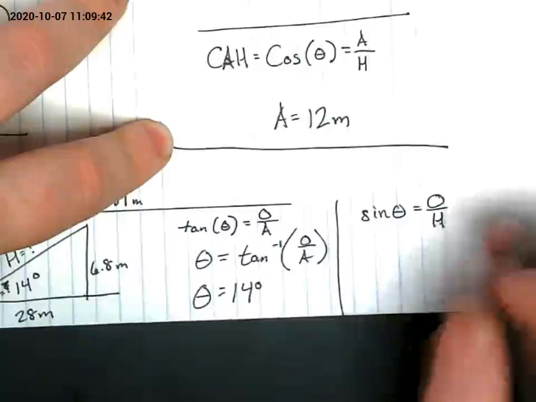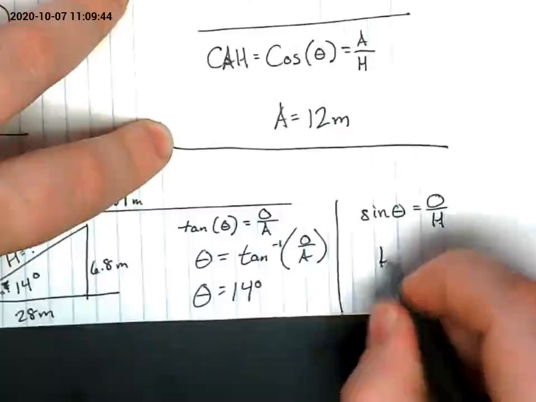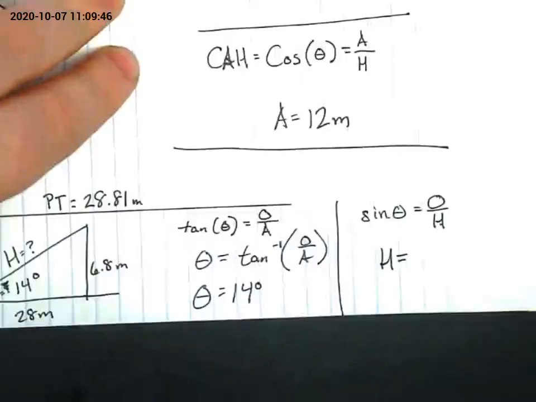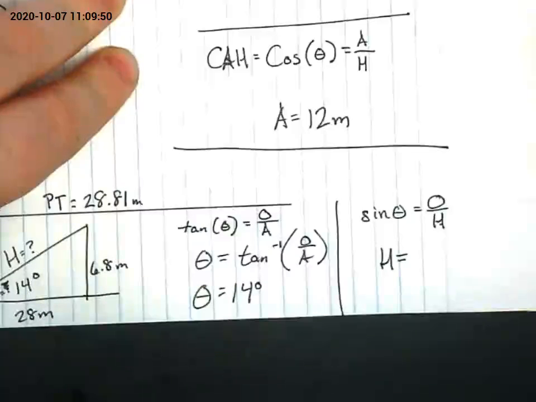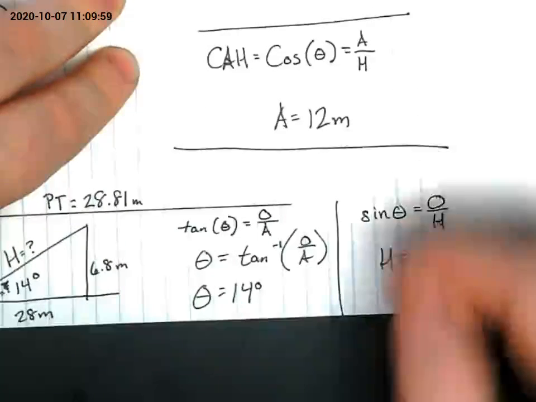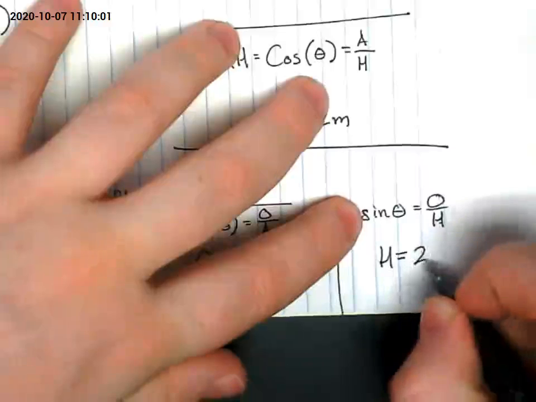And since we're solving for hypotenuse, we just switch them. So our hypotenuse is going to be the opposite, 6.8, divided by the sine of 14. And we get something that's a little different.